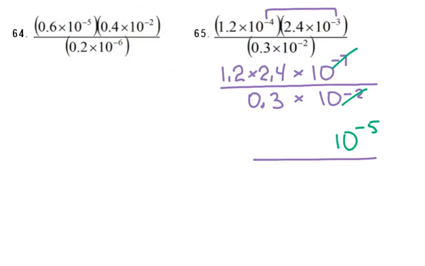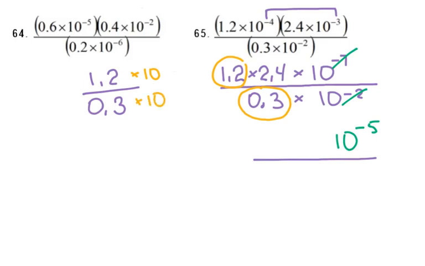And then I see I have 1.2 on the top and I have 0.3 on the bottom. So I'm looking at this part, 1.2 and 0.3. So I could do times by 10 and times by 10 top to bottom. So that gives me 12 over 3, which is 4. So I can write 4. And what's left that I didn't touch yet is 2.4.